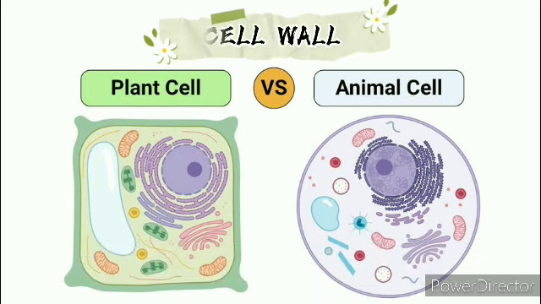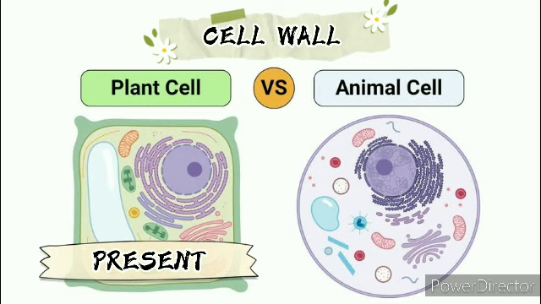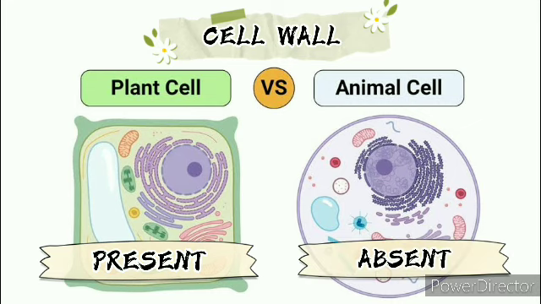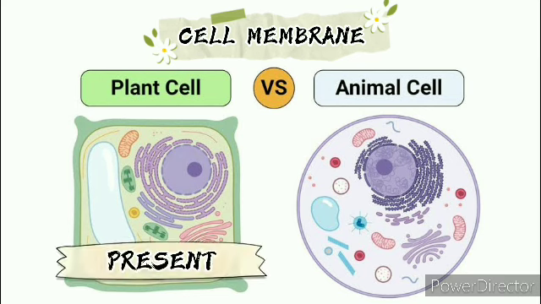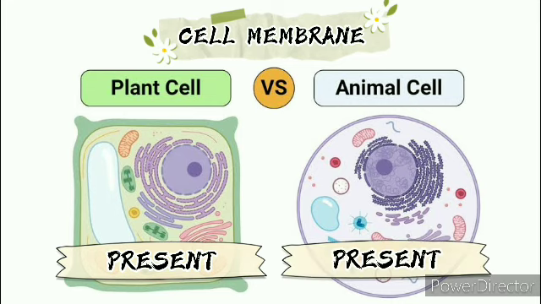In terms of cell wall, the plant cell possesses a cell wall which is formed of cellulose, while the animal cell does not have one. The cell membrane is present in the plant cell and is covered by the cell wall. It is also present in the animal cell.